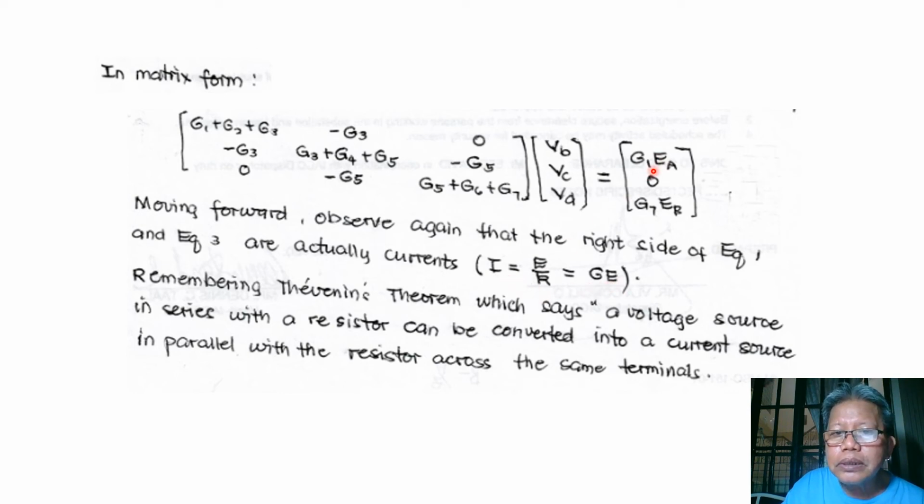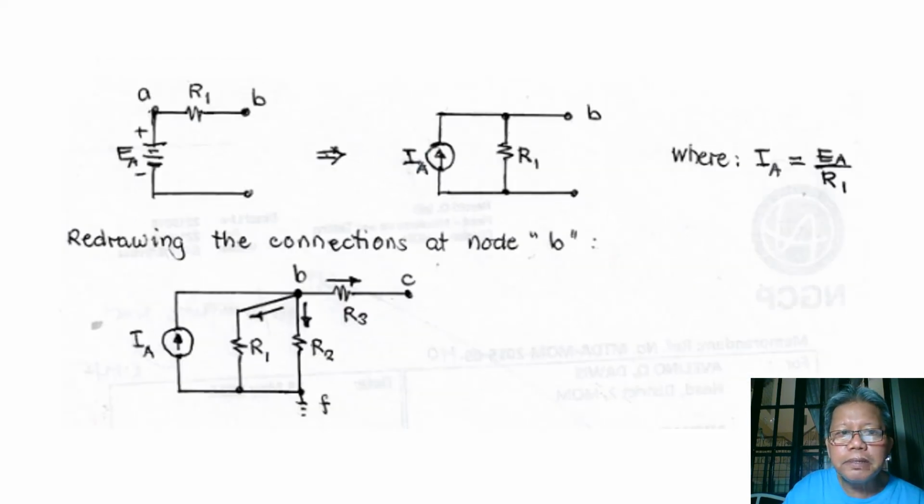So this is current now, and this is also current. So remembering Thevenin's theorem, which says that a voltage source in series with a resistor can be converted into a current source in parallel with the resistor across the same terminals. So this is it.